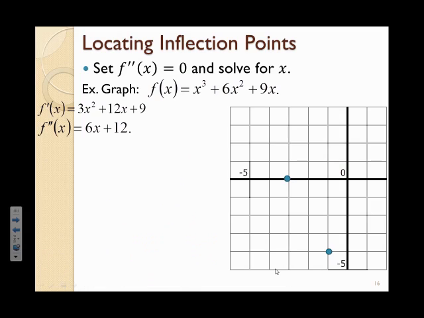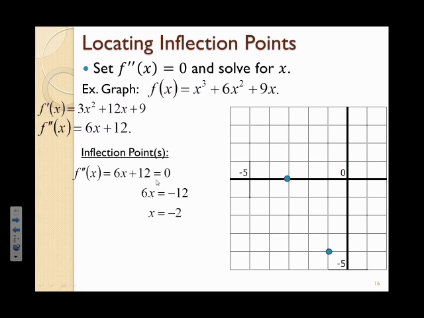Now, to find the inflection points, we take the second derivative and set it equal to 0. 6x plus 12 equals 0. Subtract 12 from both sides, divide by 6, and we get x is equal to minus 2. So that's the x value of the inflection point. Now, to find where it is on here, we need to do an f of minus 2.